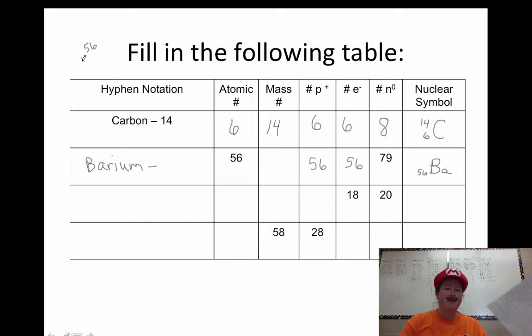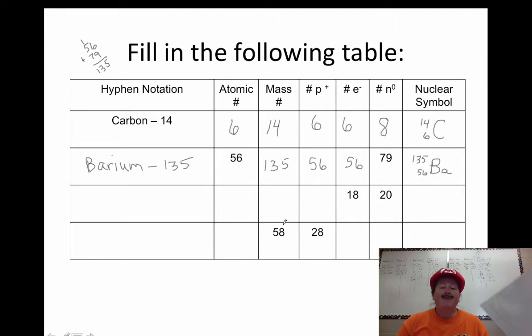I have 56 plus 79, 5, carry the 1, and I have 135. My mass is 135. So it's barium-135. The mass number is 135, and that is what I put there.